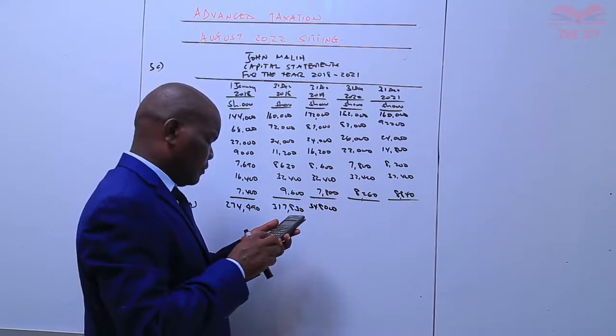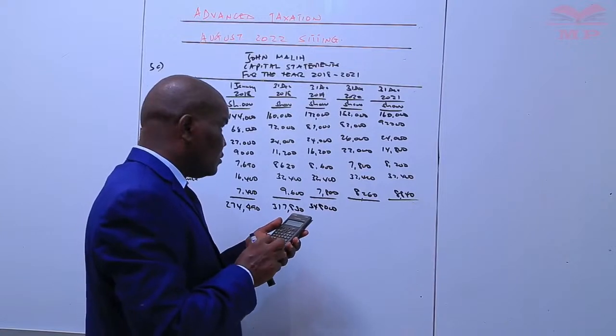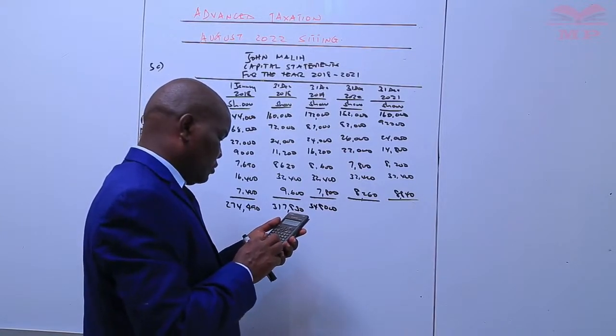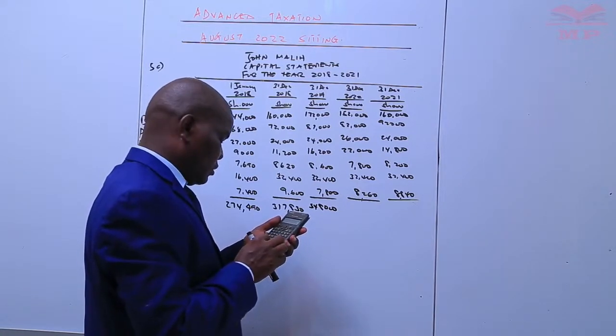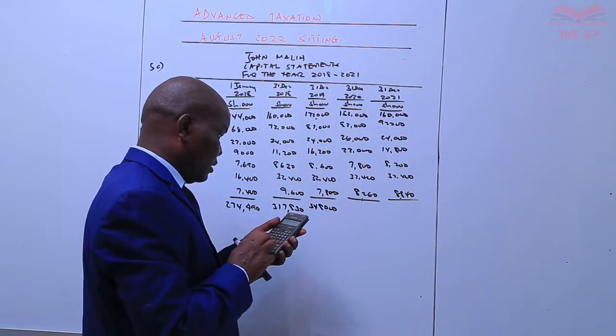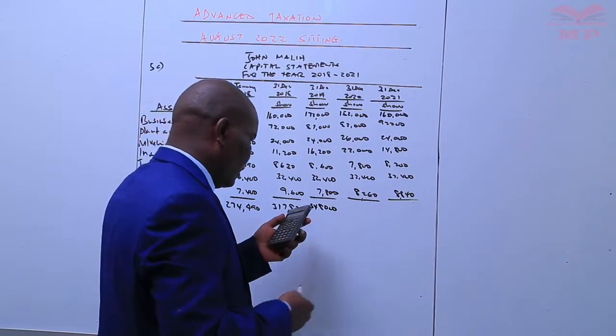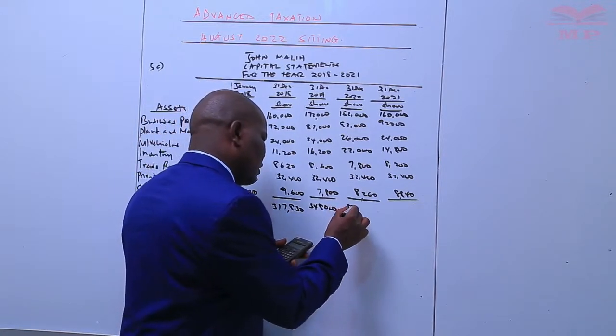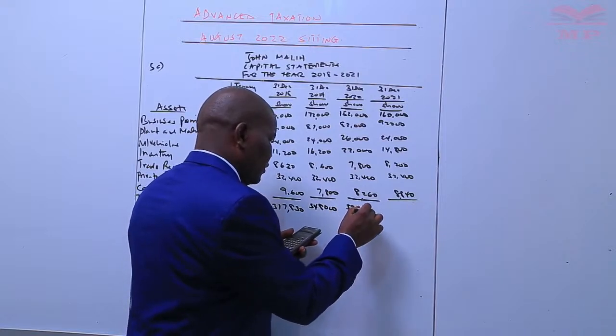2020, 152, 82, 26, 22, 7,800, 32,400, and 8260. I get 330,460.